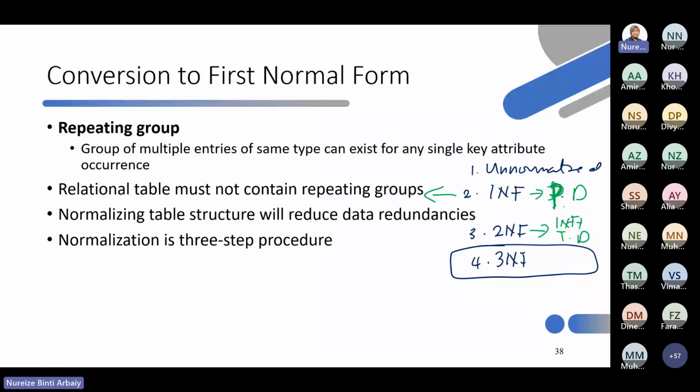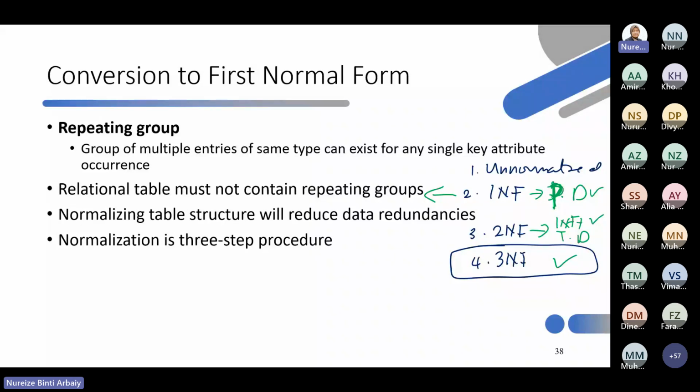Now in the second normal form, what they do is eliminate the transitive dependency. When they finish eliminating the partial dependency and the transitive dependency, they are in the third normal form. So this is a summary from first to third normal form.